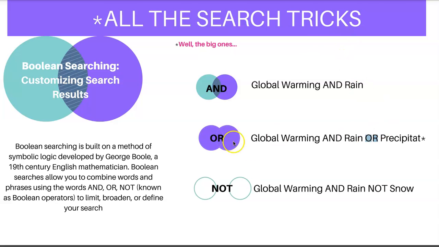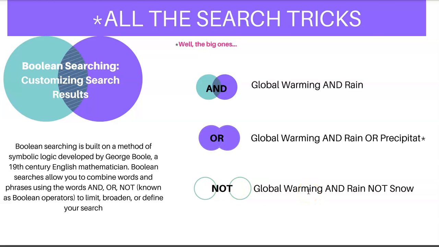In this example, global warming, again, you could put this in quotes, AND rain, so that we get the things that are gathered, but we also put in precipitation and all of the ways it shows itself. This is a very strong, precise search. On one hand, it keeps things together with global warming, and then it opens it up with different ways that you express rain and precipitation.